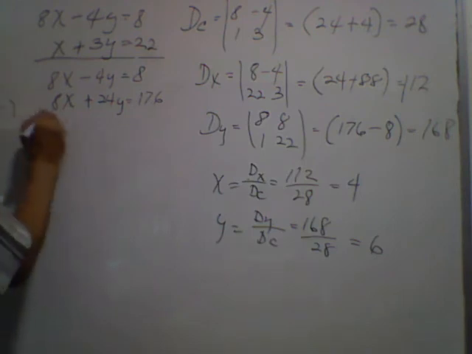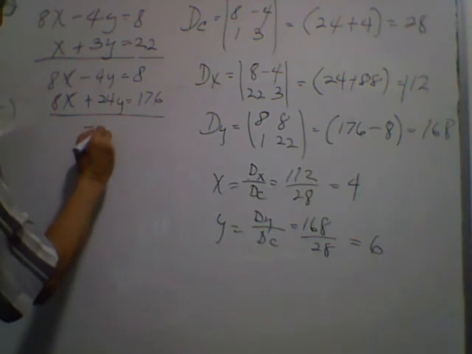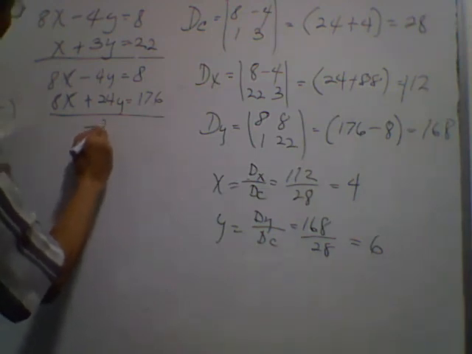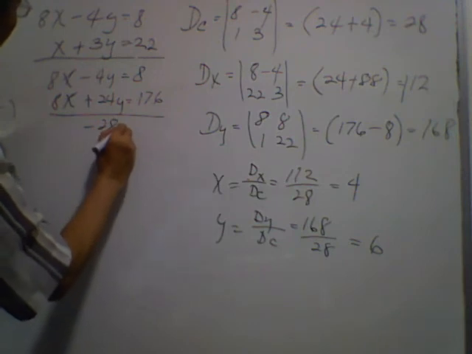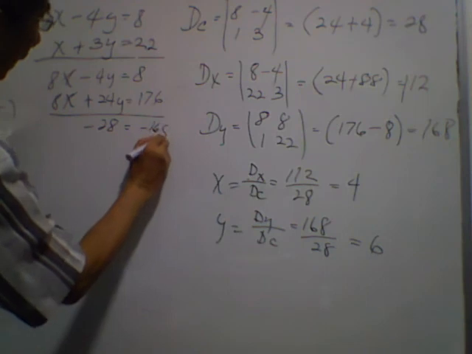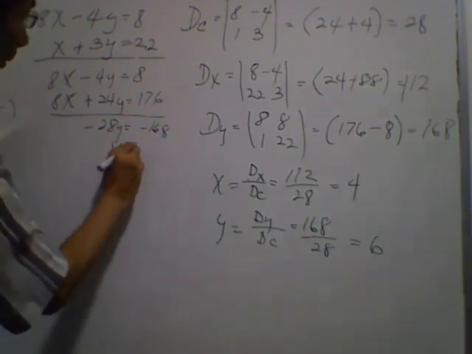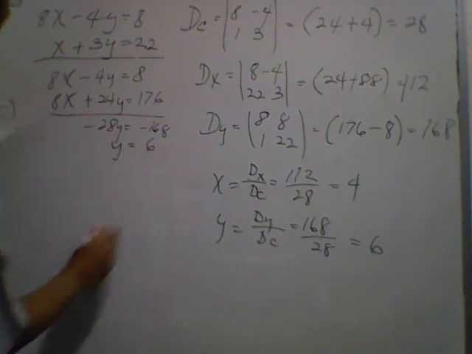So what will happen here? It cancels out this one, and negative 28y is equal to negative 168. So y is equal to 6.